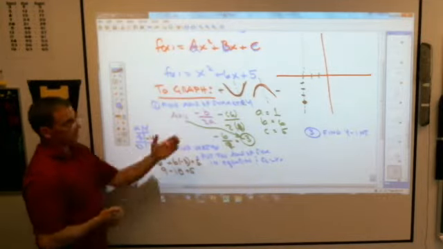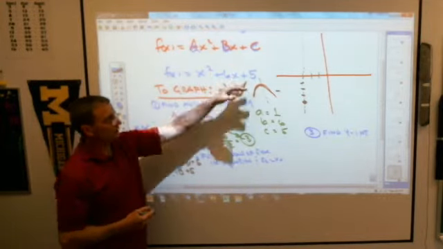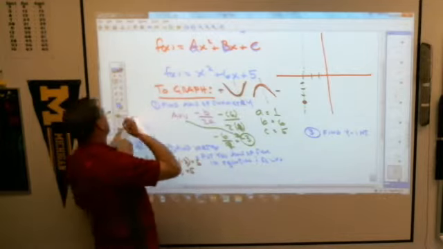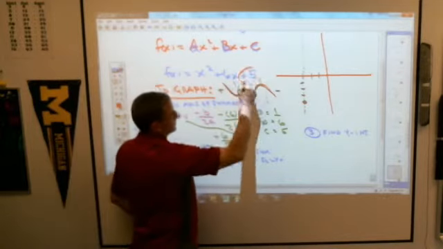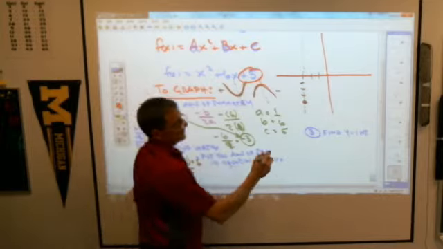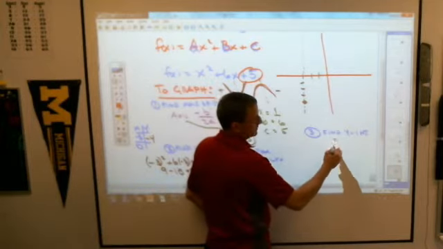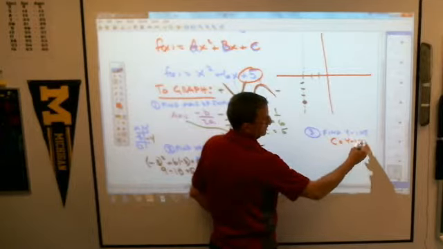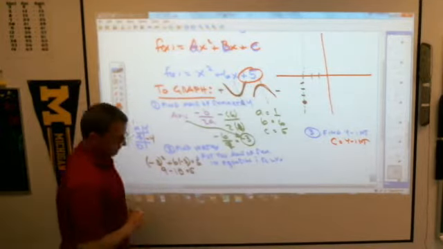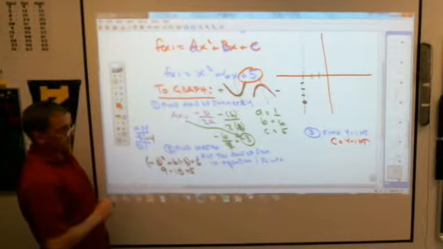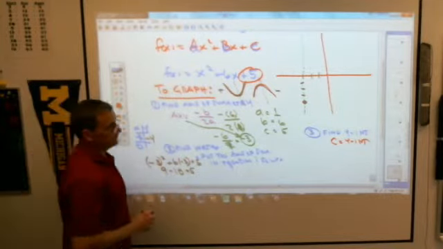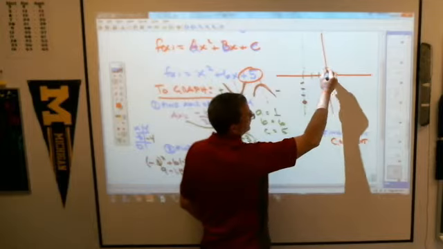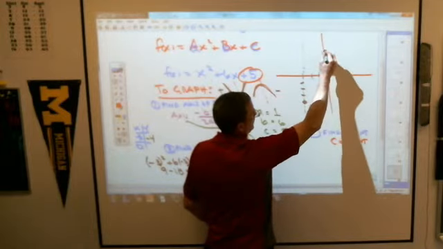And this is nice because when you put 0 in for x, this goes away, that goes away. This number at the end here, we should probably circle that. This number is nice because the letter C is the y-intercept. So here my y-intercept is? 5. Yeah, very good. Look at you, you're so smart. 1, 2, 3, 4, 5.